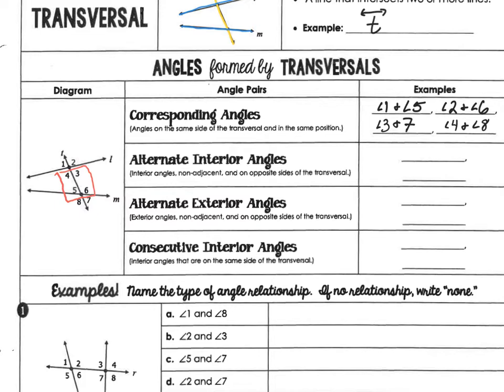Opposite, right? Interior angles. So if I look at 4, which one would be on the opposite side of that line? 6. Good. So you would have angle 4 and angle 6. What would be the other one then? If we have 4 and 6, then the other one would be what? Good.